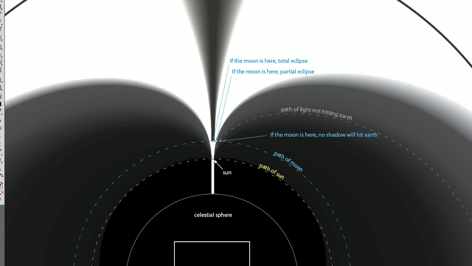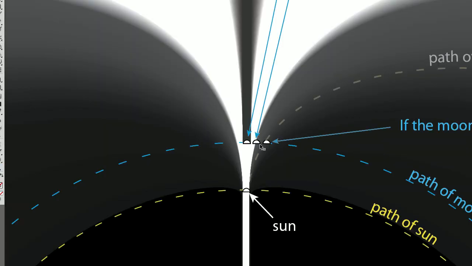It all has to do with the curvature of the light and the trajectory of the light and the illuminated conical zone area. It doesn't take much for the moon to exit that area. In other words, it's a very narrow region here. So if the moon is even just slightly offset with the sun, you're not going to get a shadow on the Earth.